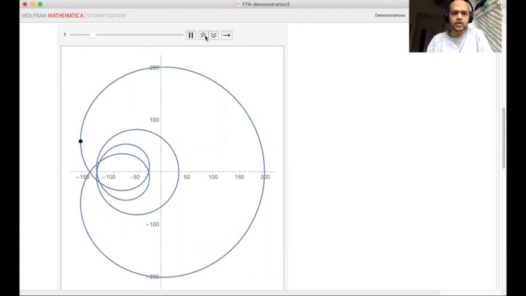As it goes around, you look at how many times it winds around the circle. It does quite a bit of winding, but most of that winding is not around the origin.